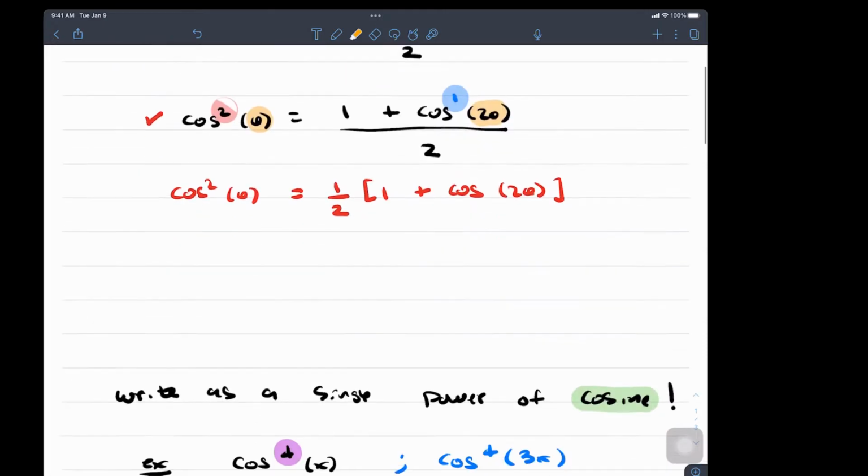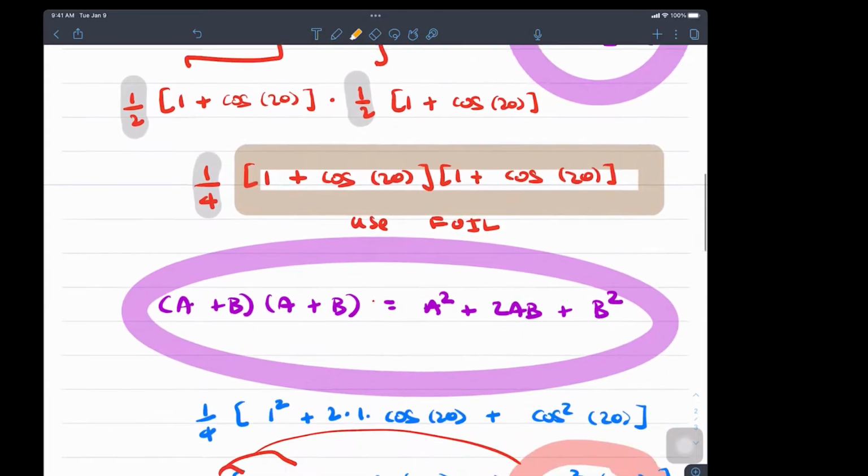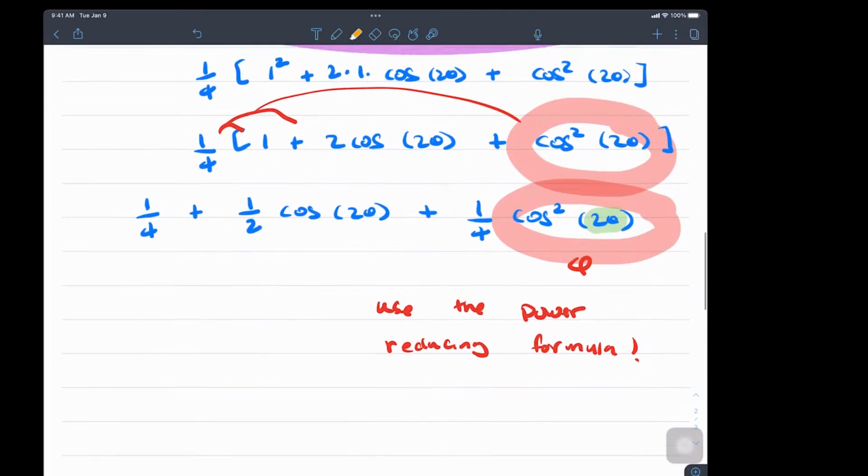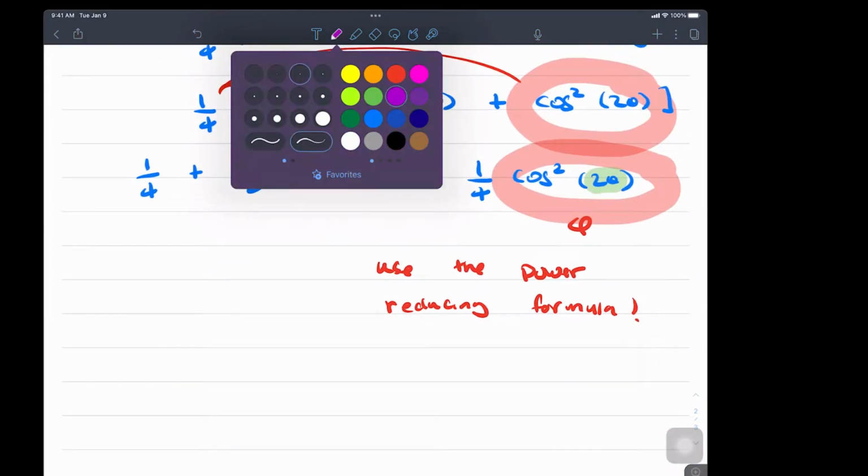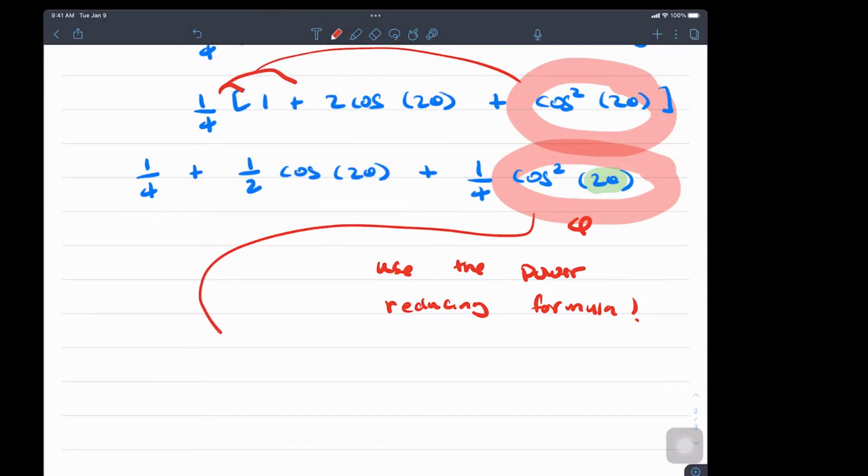So if we're going to use this again, this portion will be 1/2, 1 plus what? Double 2 theta. What's double 2 theta? 4 theta. Doubling 2 times 2 theta is what?